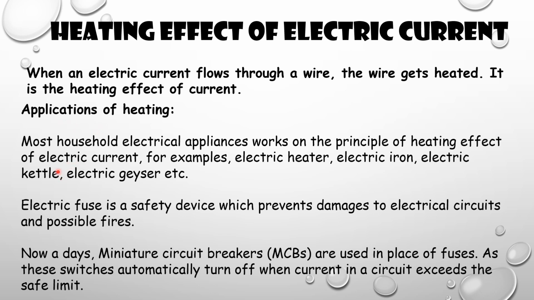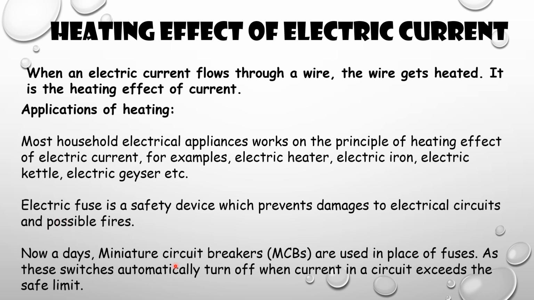So we will see that most household electrical appliances work on the principle of heating effect of electric current. For example, electric heater, electric iron, electric kettle, electric juicer, etc. Next one, electric fuse. Important, an electric fuse is a safety device which prevents damage to electrical circuits and possible fires.